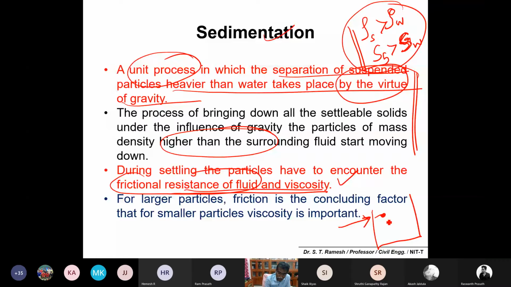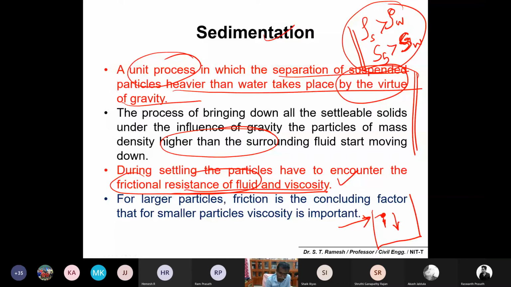If viscosity is less, the fluid offers lesser resistance, and the particles move down faster. If viscosity is more, it offers more resistance.